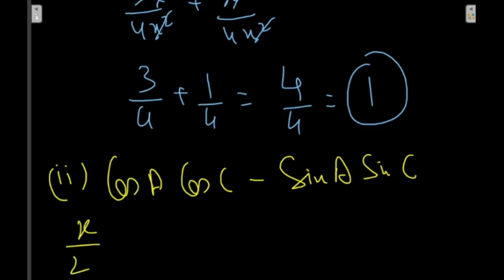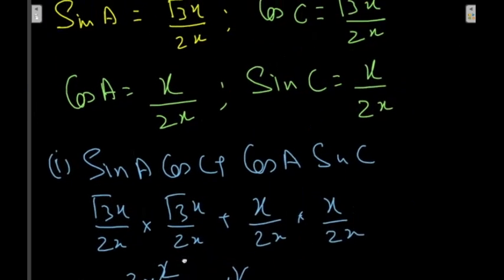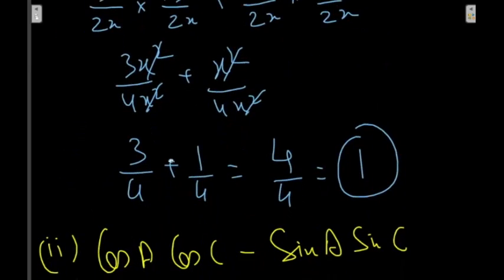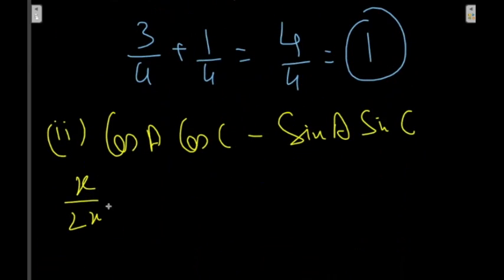And what is cos C? Cos C is under root 3x over 2x.